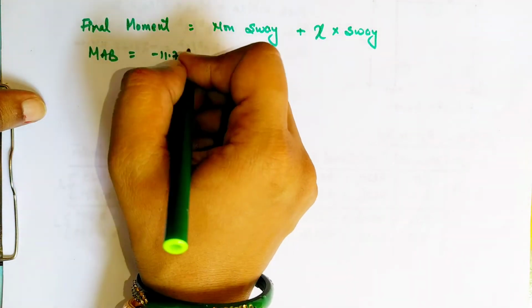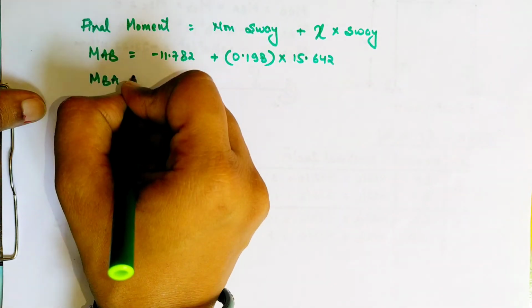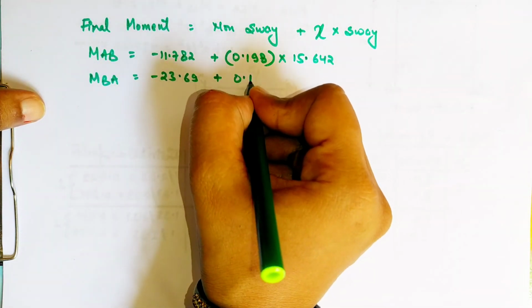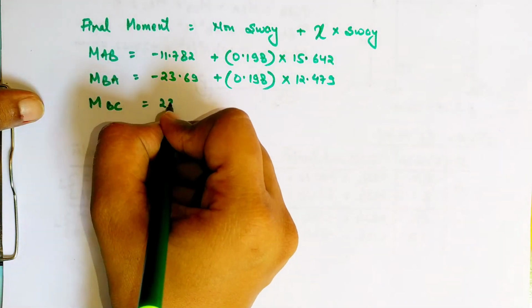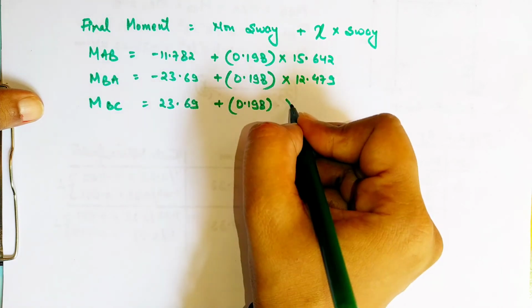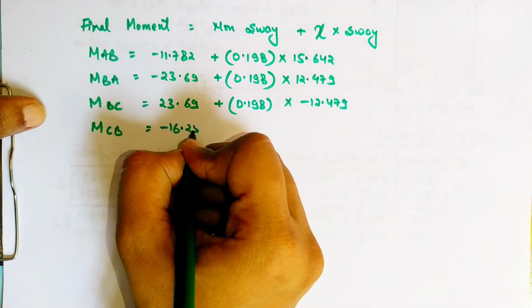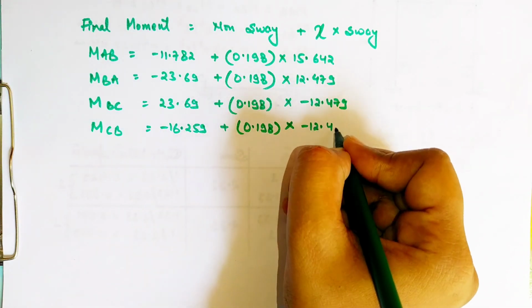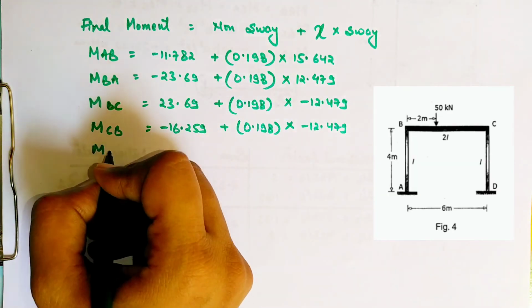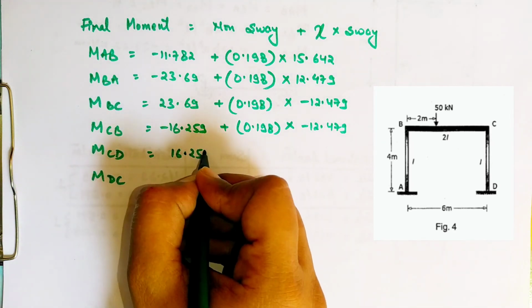Final moments will be your non-sway analysis plus the correction factor we have calculated, X, into the sway moments we got. So I am calculating and adding this correction factor into the moments we got from the sway analysis, and writing down all the moments.